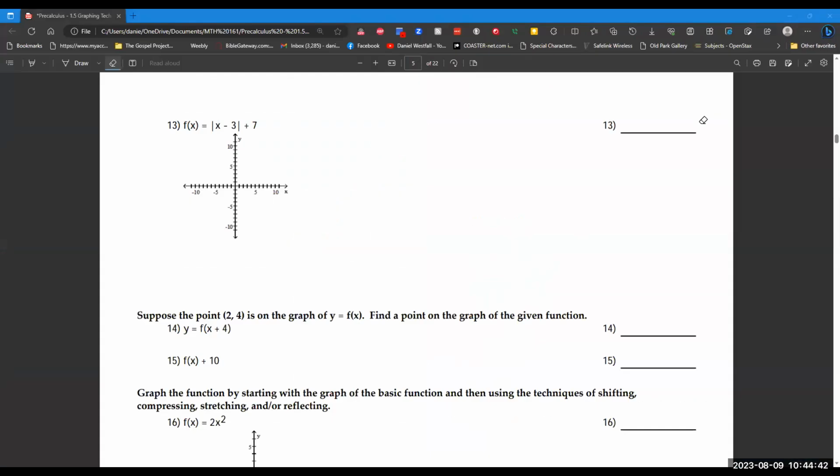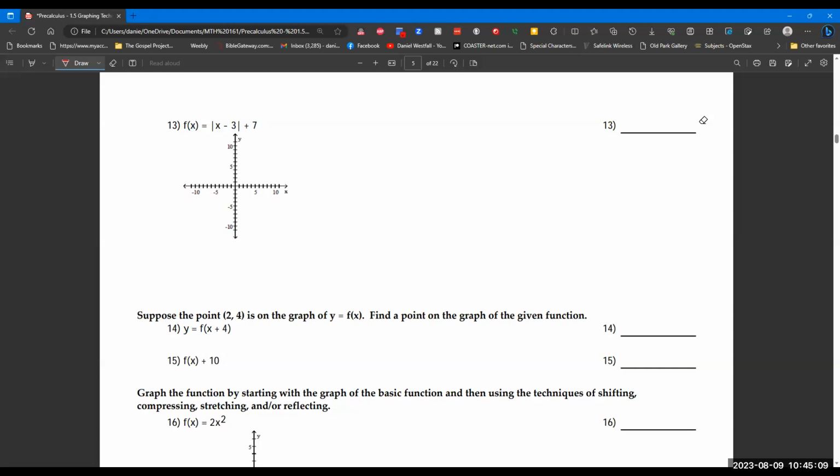Okay, so we're on question number 14 here. And the question here is, if f of x has the point 2, 4 on it, then f of x plus 4, whatever that function was, I don't really care. What is the x plus 4 going to do when I add 4 to the x value inside the function?